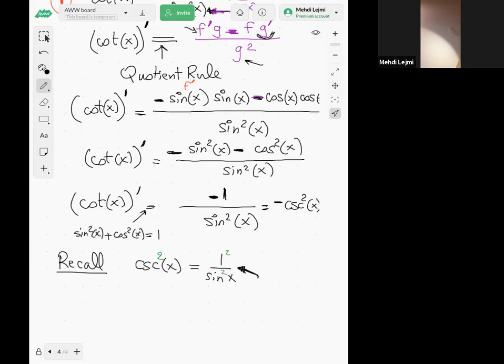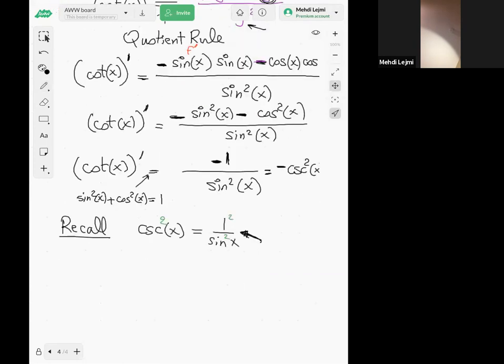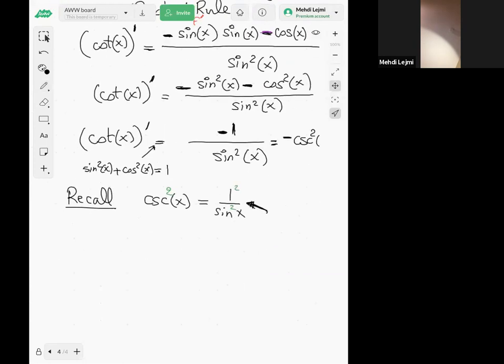Well, we can also do the derivative of secant of x. Number 2. Is there any question, guys? All we are doing here is using the quotient rule and the fact that the derivative of sine is cosine and the derivative of cosine is minus sine, to compute the derivative of tan, cotangent, secant, and cosecant.